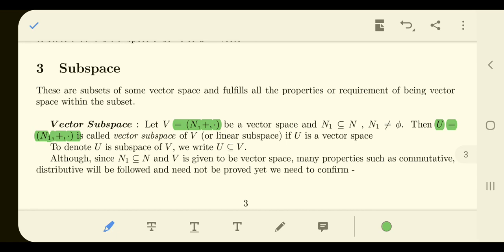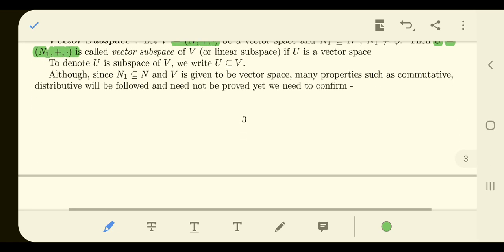When we identify, we find that scalar multiplication must be closed: if you take a scalar value and any element from N1, then the scalar multiplication between these two should still lie in N1 only, not just N. Because of N1, it should be in N also, no problem, but it should be in N1.